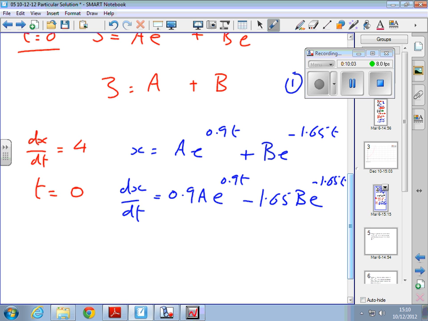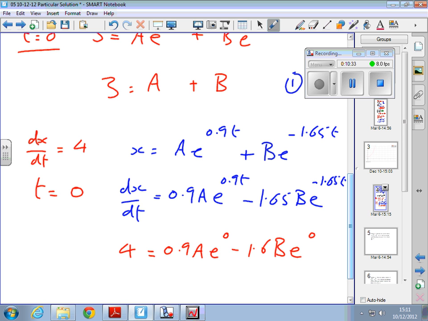Now t equals 0, so we can write 4, because that's the value for the differential. Remember what this differential is, it's the speed. So what we're saying is it's got an initial speed at time equals 0 of 4. So there's a gradient on this curve. 4 equals 0.9 a e to the 0 minus 1.65 b e to the 0.